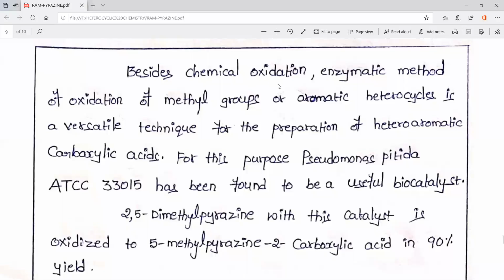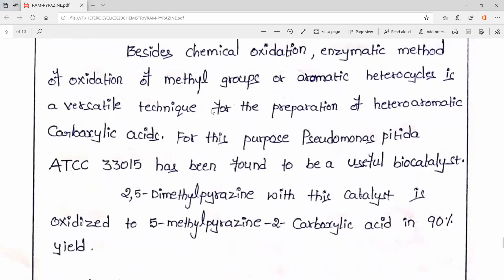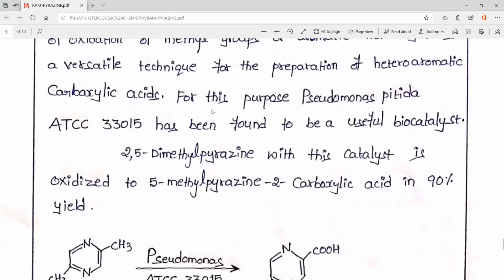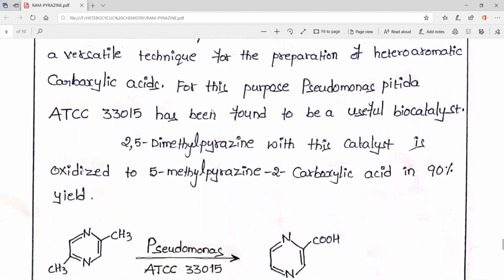So besides chemical oxidation, pyrazine can also undergo enzymatic oxidation. The enzymatic method of oxidation of methyl groups on aromatic heterocycles is a technique for the preparation of heteroaromatic carboxylic acids. Certain organisms which have been used in the oxidation are Pseudomonas, ATCC 33015.